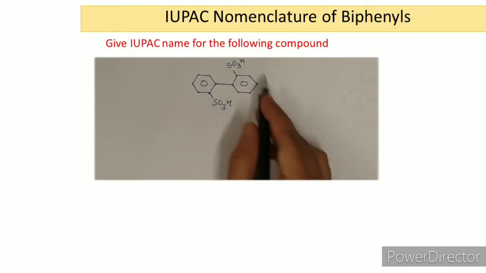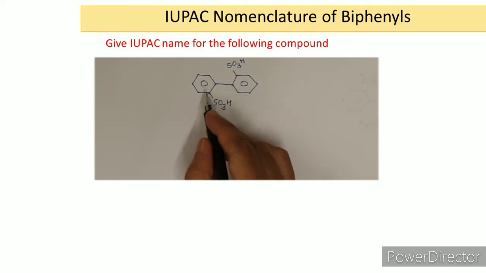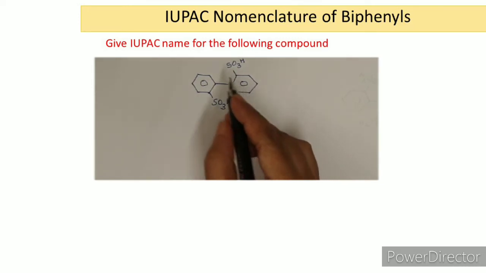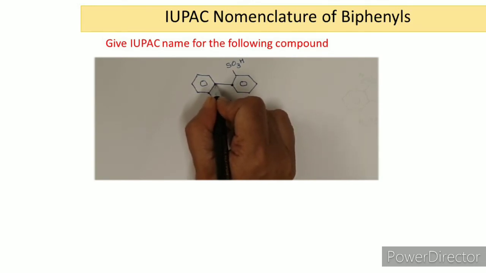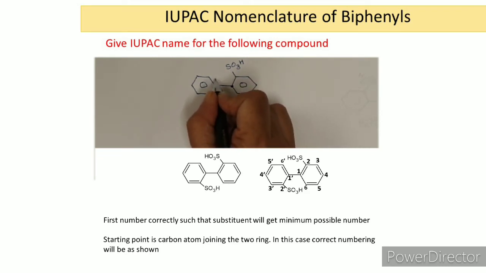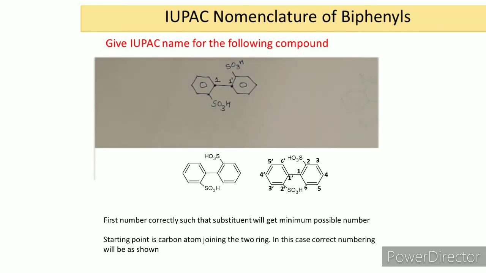So now let's try the second example. In this case, substituents are present in both rings. So we have to number both rings. According to the first rule, numbering will start from the carbons joining the two rings. So I will give this carbon number 1 and this as 1 dash.